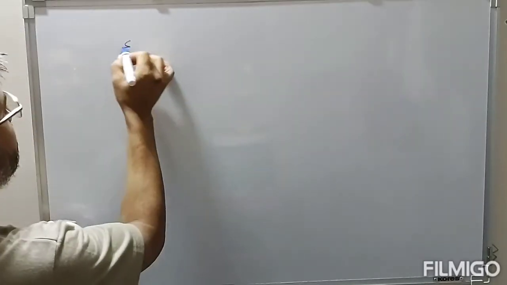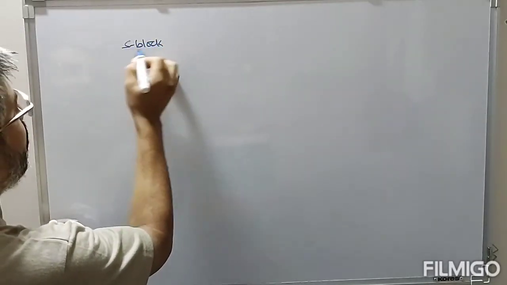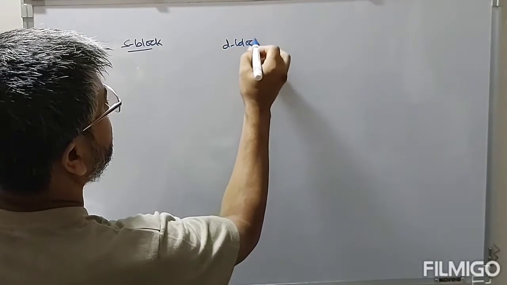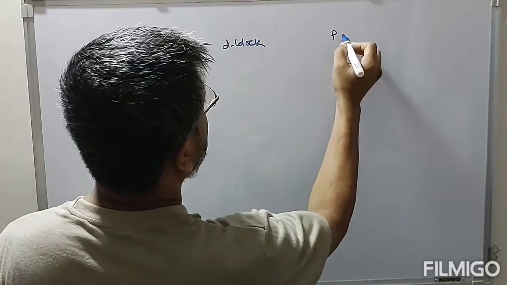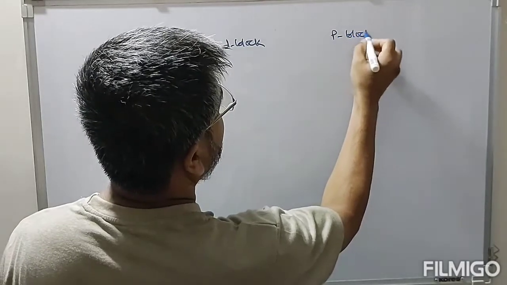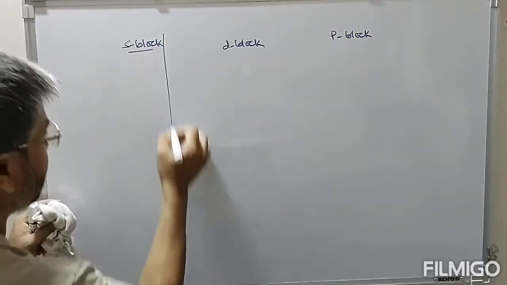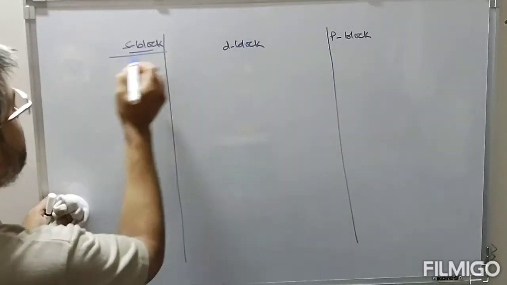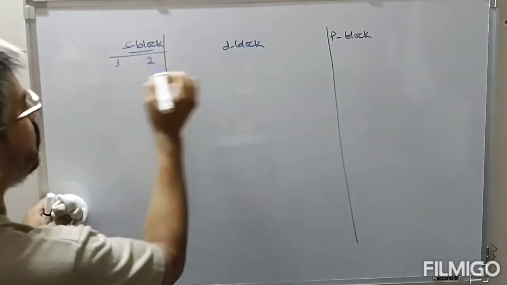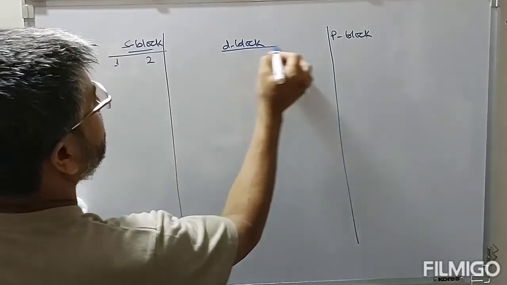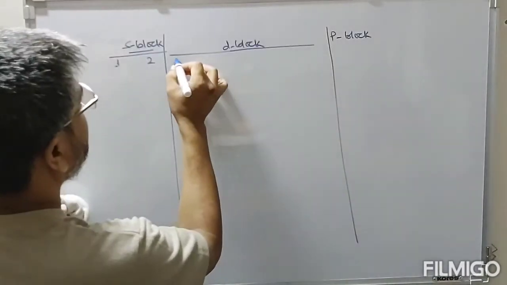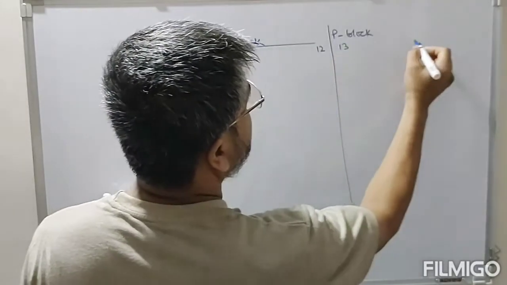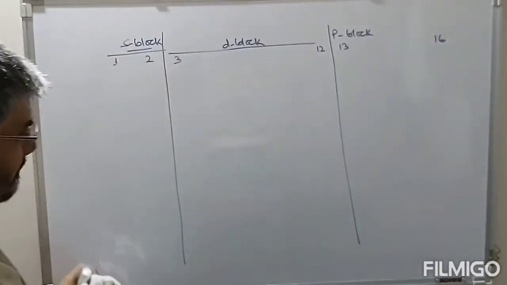So we have S block, then we have D block, then we have P block. So S block consists of group 1 and group 2. D block consists of 3 to 12, P 13 to 18.